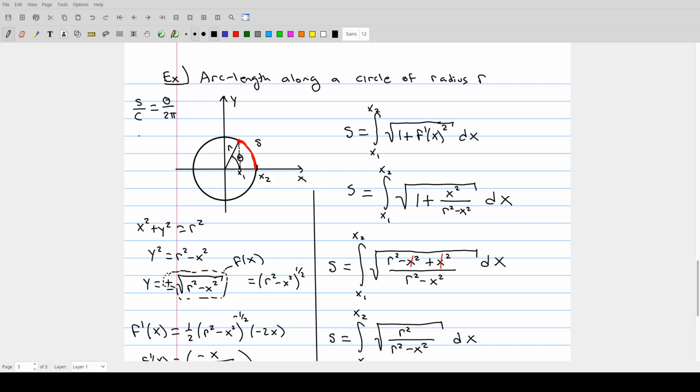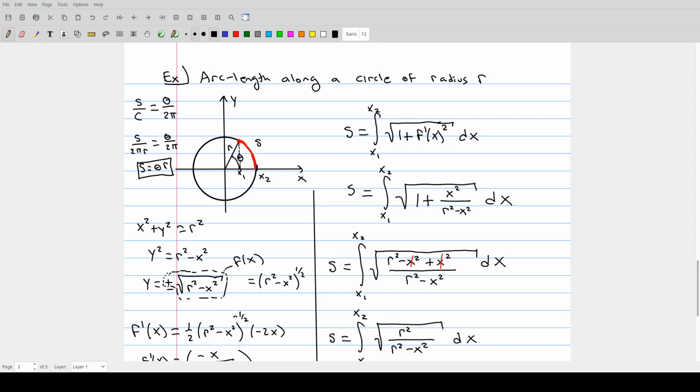So if s over the circumference of a circle, 2 pi times r, is equal to theta over 2 pi, and you solve this equation for s, the 2 pi's cancel out, and you're left with s is equal to theta times r.